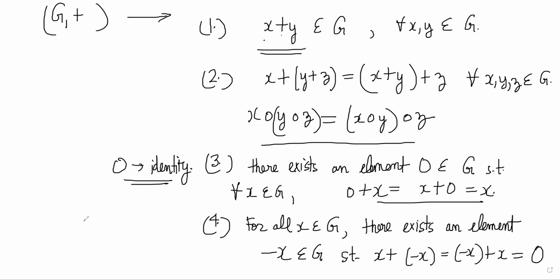So here -x is the inverse. Earlier we were writing x to the power minus 1 as the inverse when we were using multiplicative notation. But in terms of additive notation, these are the four properties of groups.